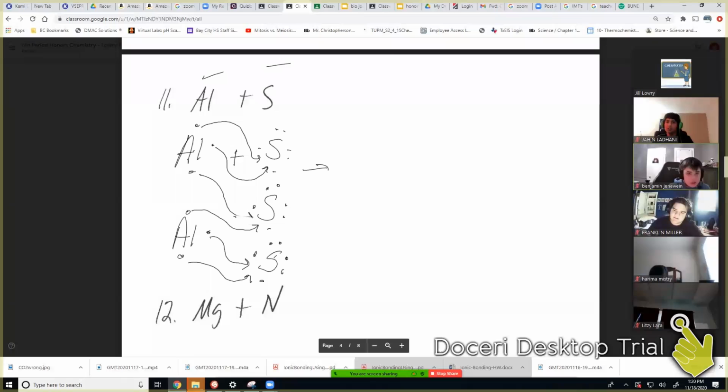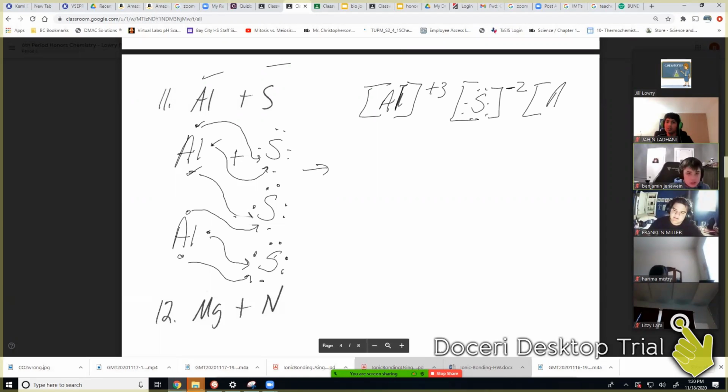So I'm going to start off and I'm going to do my aluminum. And aluminum lost 1, 2, 3 electrons, so it's a +3. A sulfur started with 6 and it gained 2, so it's a -2.